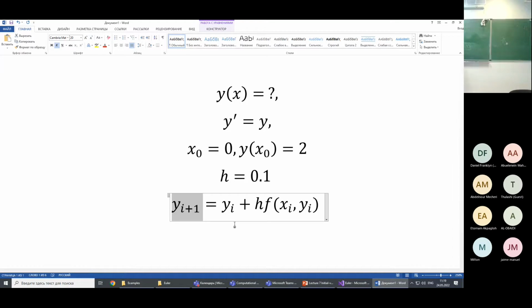I just rewrite the equation on the board. y prime equals y, and y of 0 equals 2. So it means that x0 equals 0, right? h is 0.1. What can we say about x1? What will be the value of x1?